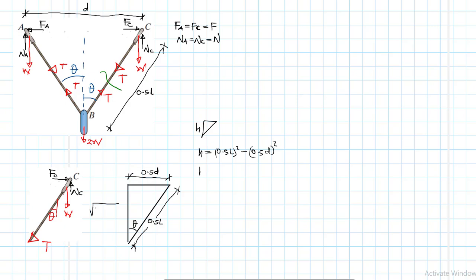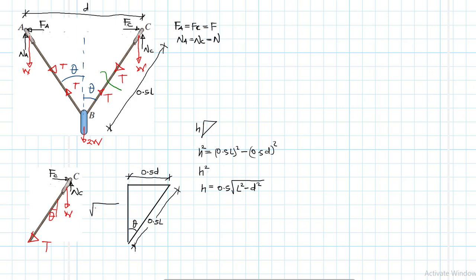If you work this out, it gives me 0.5 root of L squared minus D squared, of course positive.